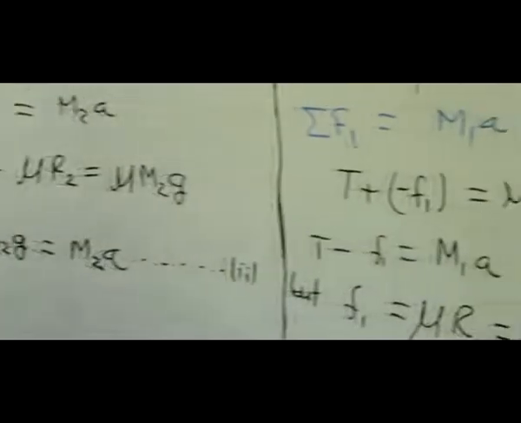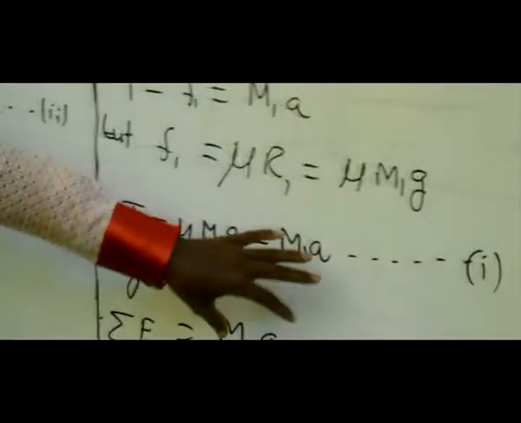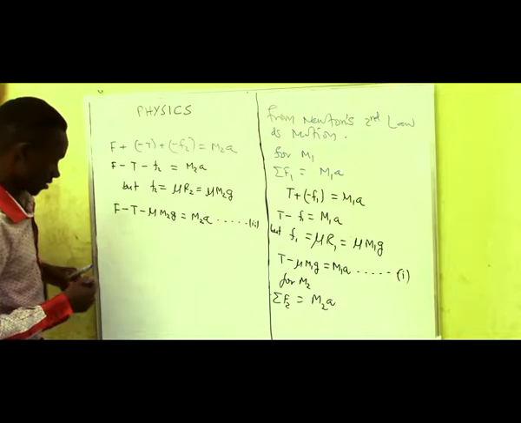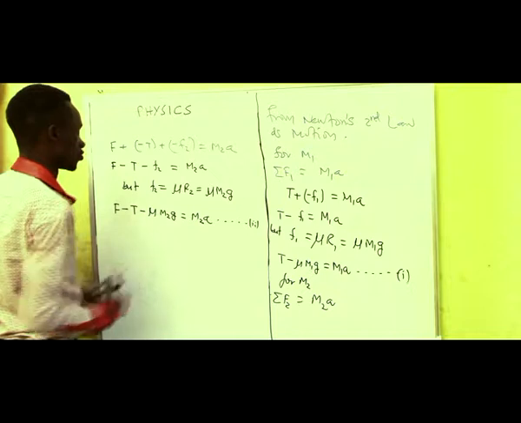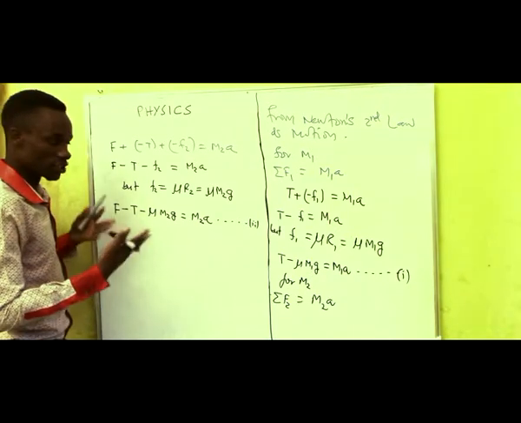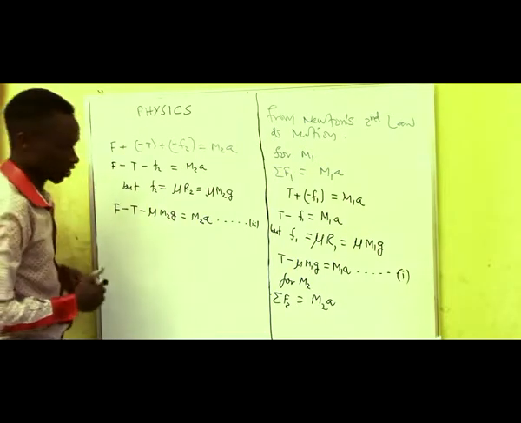Okay, if we are interested to obtain the expression for acceleration A, we use these two equations, equation 1 and 2. Make T the subject in equation 1, then substitute into equation 2.